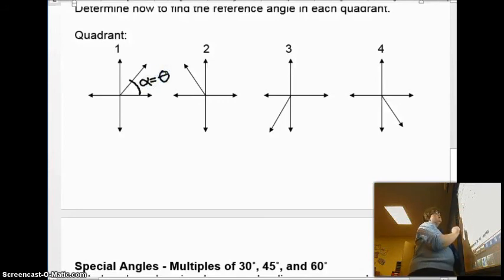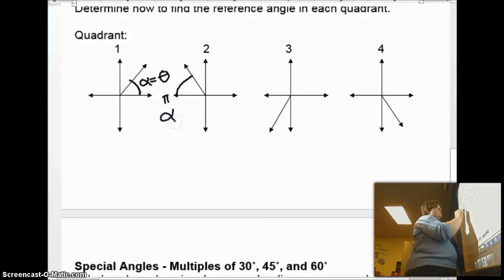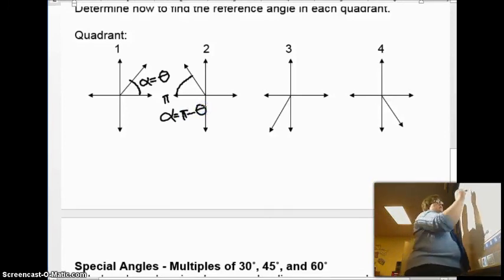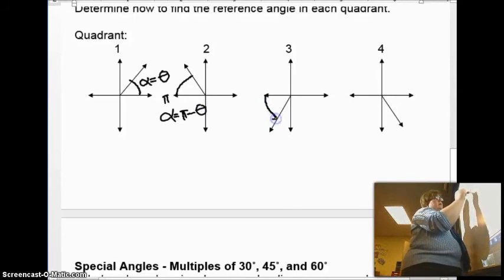Okay, alright, so we're in the second quadrant, we're coming back from pi. So alpha would be pi minus our theta.